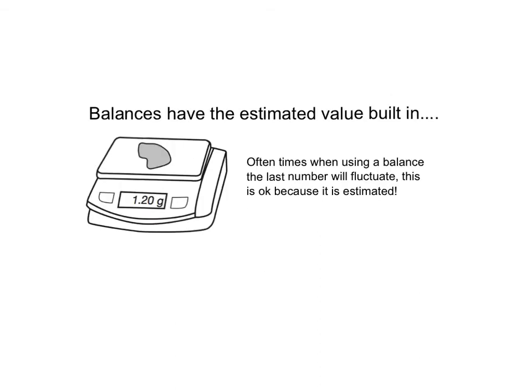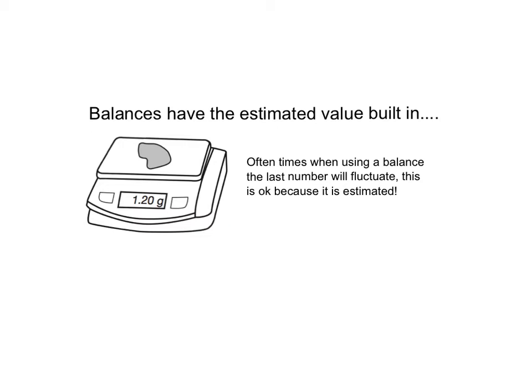This portion isn't in your notes, but we will be using balances a lot in the lab, and we'll be doing a lot of measurements. Balances are nice. If you were using a balance to weigh the mass of an object or a chemical or a compound, balances have that last estimated value built in. In other words, whenever you're using a balance to measure a mass, you are going to copy whatever number is on the screen. You're not going to add an extra number on the end of it.